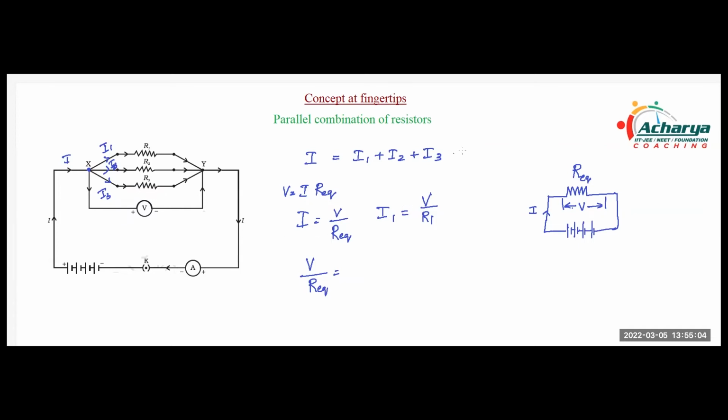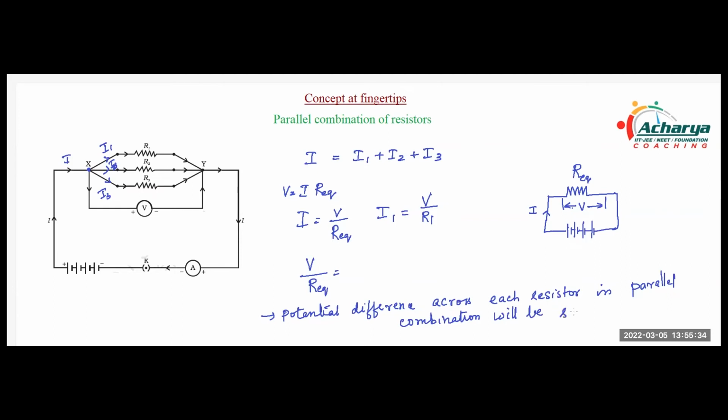So the potential difference across each resistor in parallel combination will be the same.